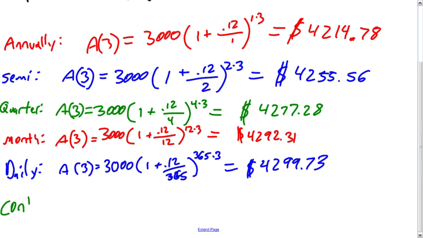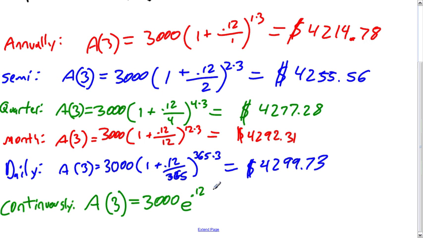So if it is continuously, it's now the amount after 3 years of our principal still. But now it's E to the RT. R is 0.12. T is 3 years. So that's E to the 0.36 times 3,000.